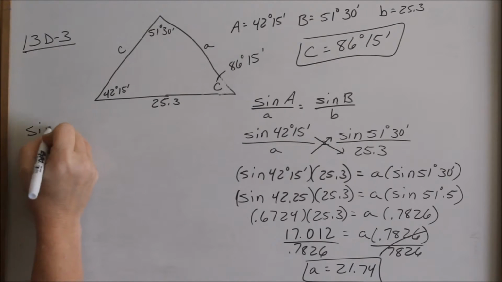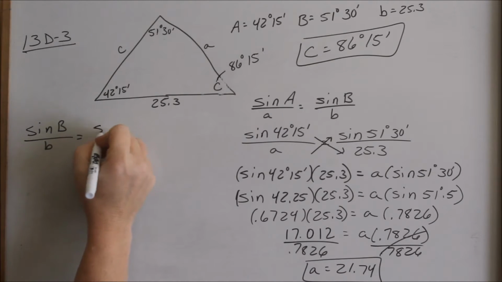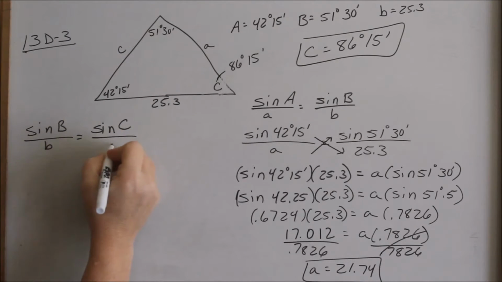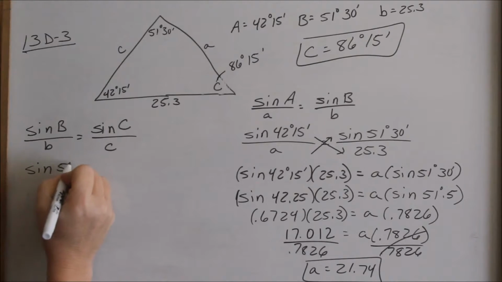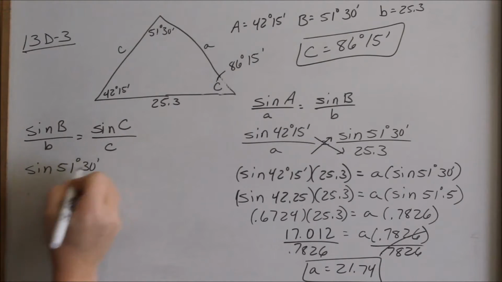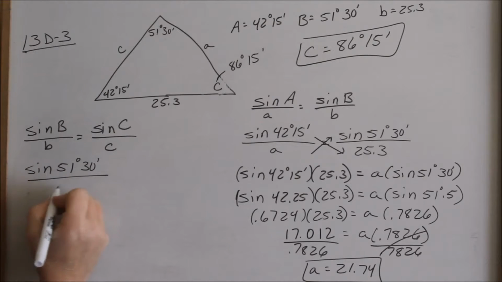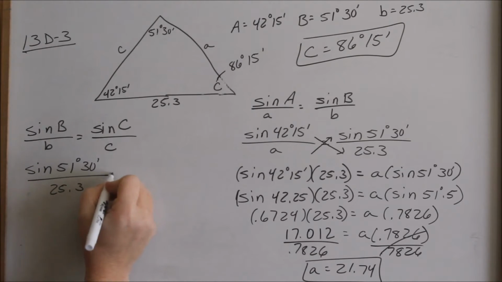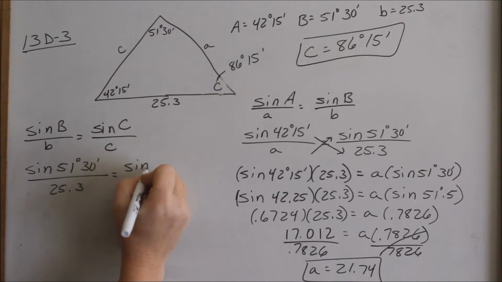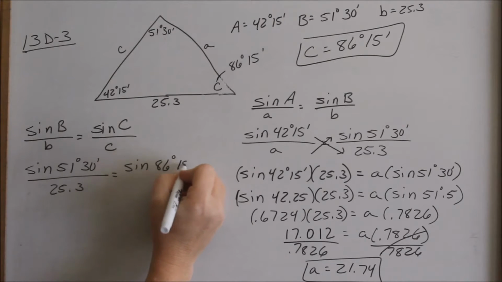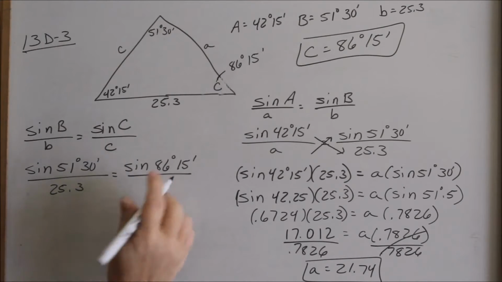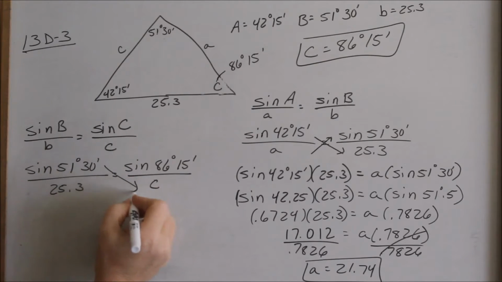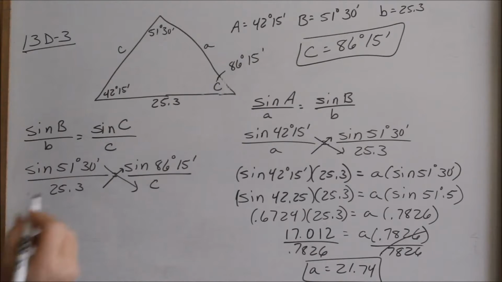So I'm going to be using sine of B over side B, and then sine C over lowercase c. So this would be sine of 51 degrees, 30 minutes, all over side B, which was 25.3. And then sine of C, which is 86 degrees, 15 minutes, over c, which I don't know. This is a lowercase c. So again, we can cross multiply.